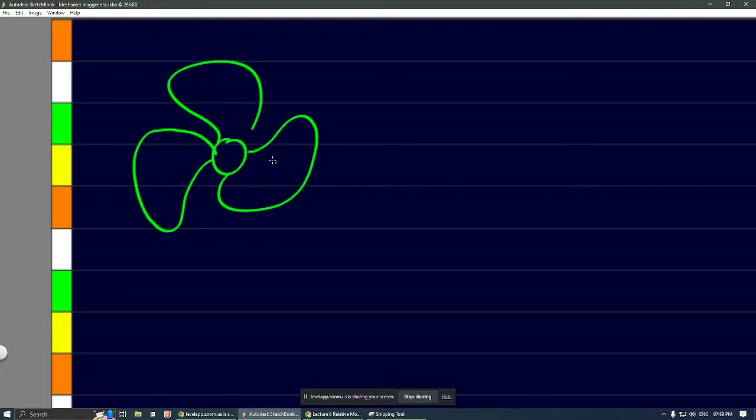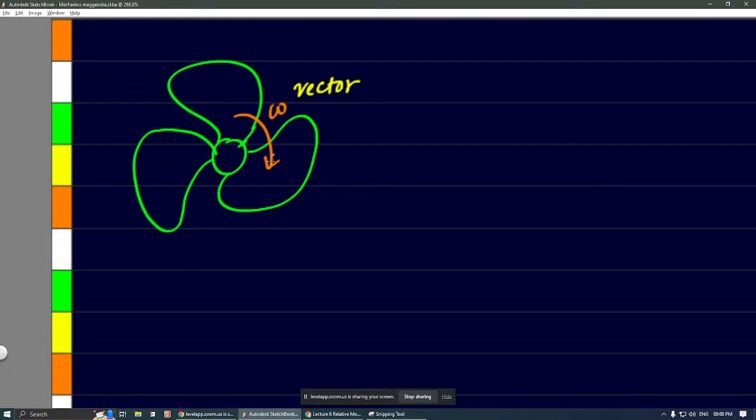This is a fan. Now if it's rotating, let us say, with omega. And omega is scalar or vector? No, it's a vector. Omega is a vector. So if it is a vector, then we should know the direction, right?